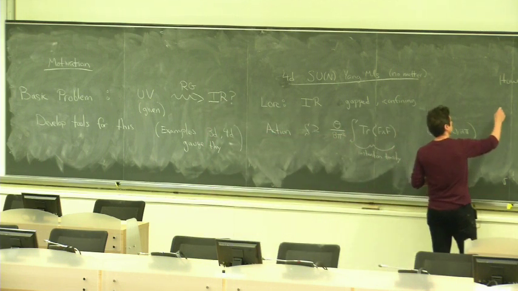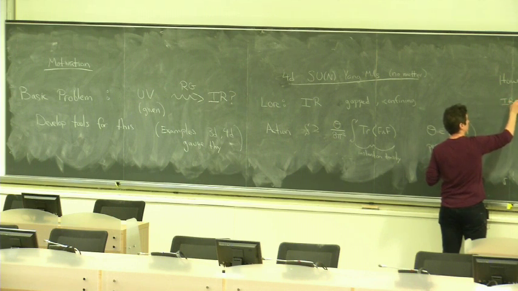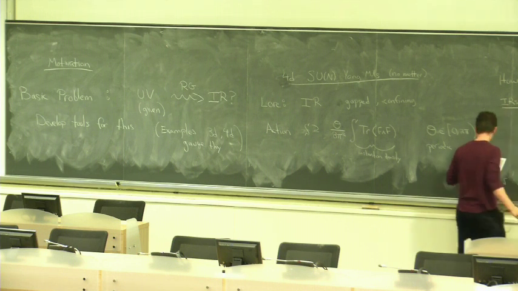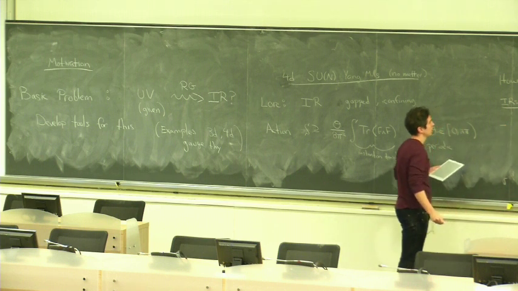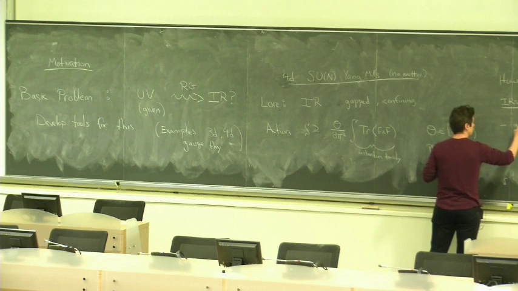So what kind of possibilities do we envision? Possible IRs of QFTs, generally speaking. Let's make a little table. The first thing is that you could imagine that the infrared is gapless.